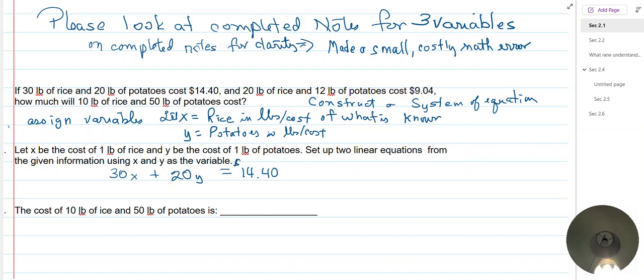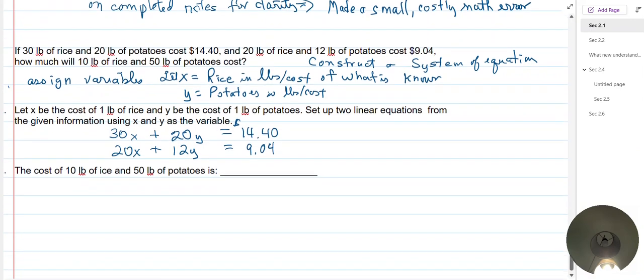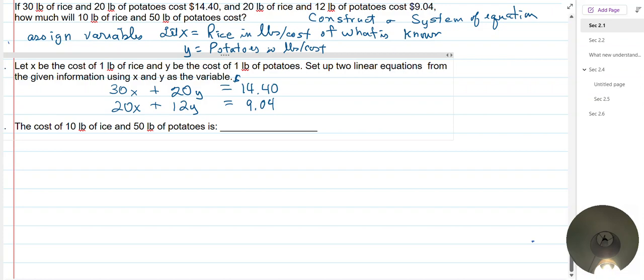All right, the next statement says 20 pounds of rice and 12 pounds of potatoes cost $9.04. So now they want us to find the cost of 10 pounds of rice and 50 pounds of potatoes. So let's first solve the system.